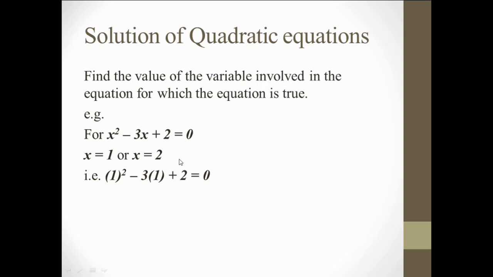It means this equation is true for x equals 1. And again for x equals 2, we get the right side equal to 0 and the left side equals 0. Both the sides are 0 and it means they are same. So the equation is also true for x equals 2. So 1 and 2 are the solutions of this equation.